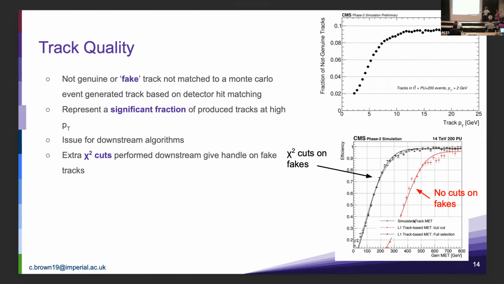We see a flat distribution in fakes across pT, so the actual number of fakes is flat, but we see far more tracks at low pT. There are also other things to consider, such as the nature of the detector itself and how we do the track fit. You end up with a relatively large fraction of high pT tracks that are fake.